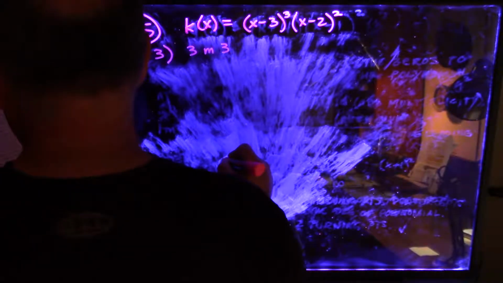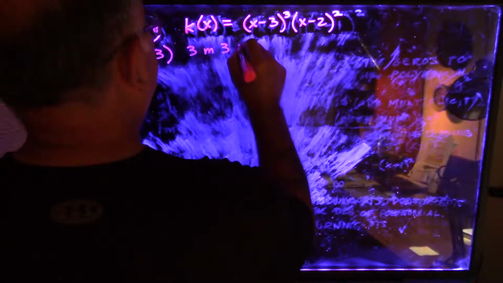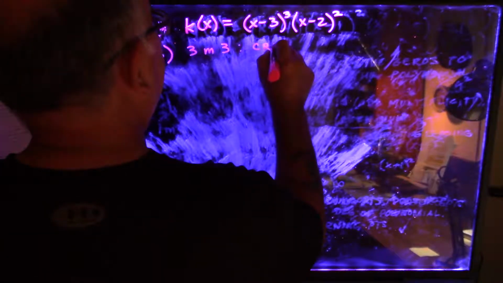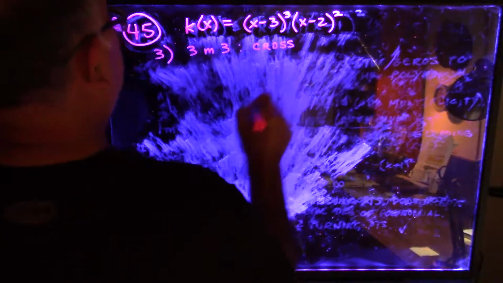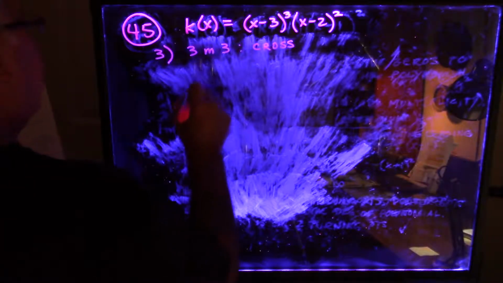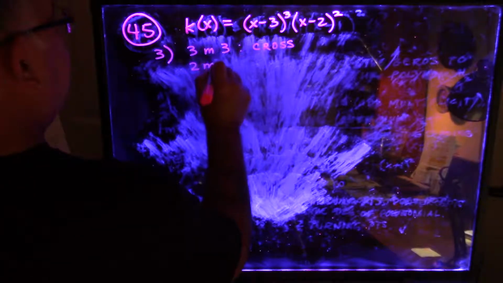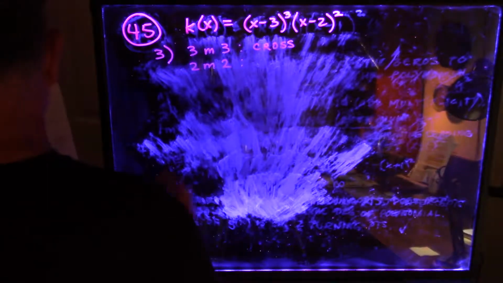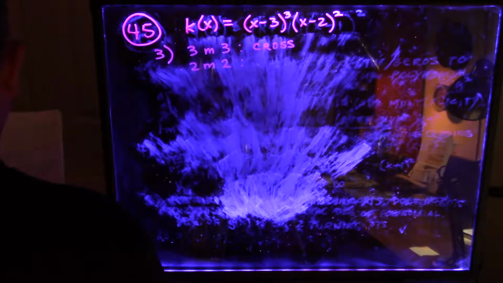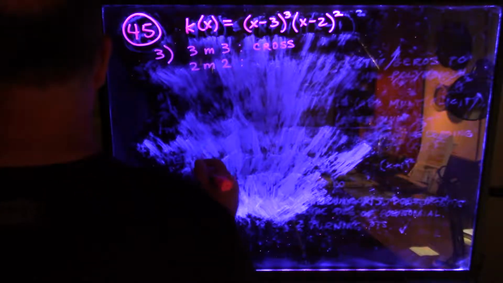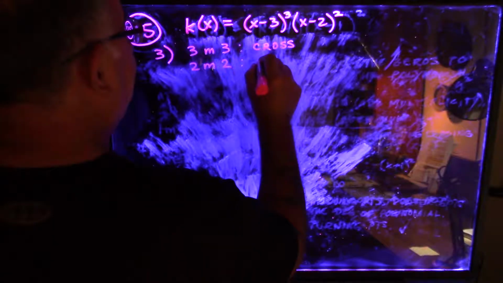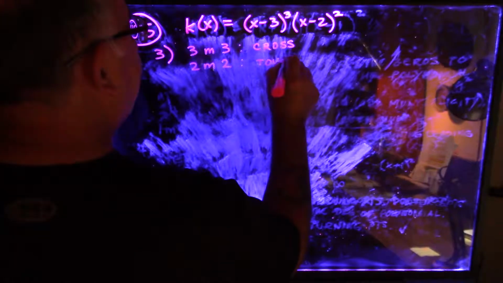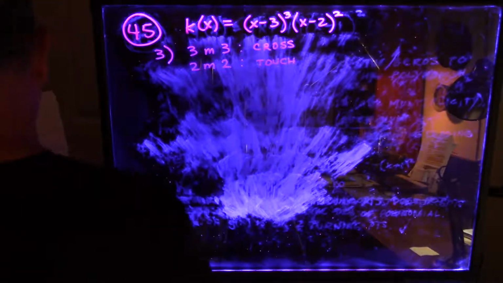Multiplicity is 3, so it's odd, so cross here. And we have 2 multiplicity 2. So at x equals 2, the graph just touches it, or bounces off there. So touch. That's because of even multiplicity.